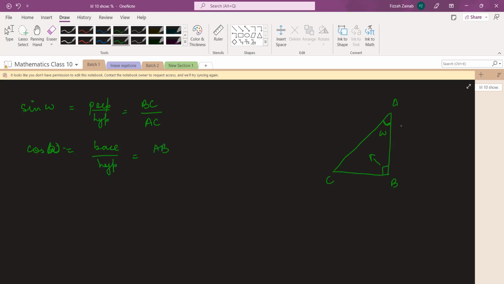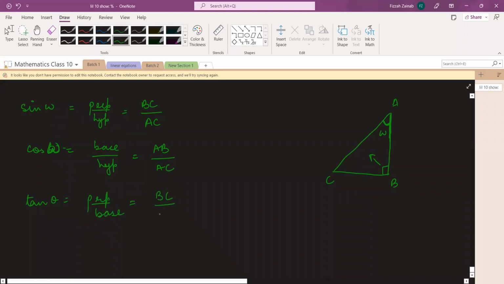Yes. See, base is one of the legs of this angle. Base will be the side which will be one of the legs of this angle. So AB by AC. And similarly, you can write tan theta, which is perpendicular by base. So perpendicular again will be BC and base is AB.